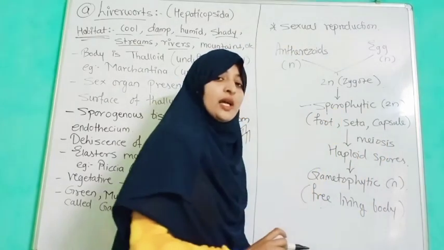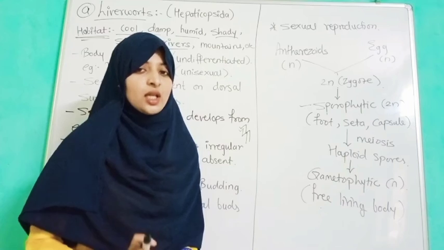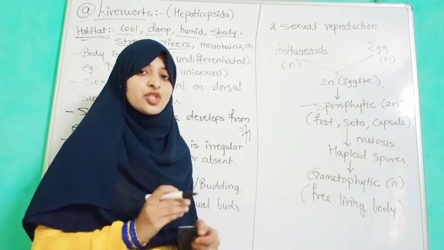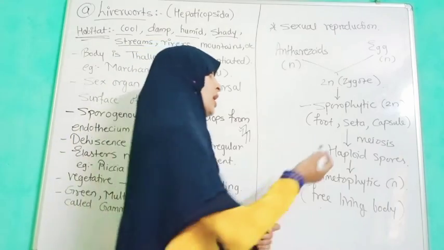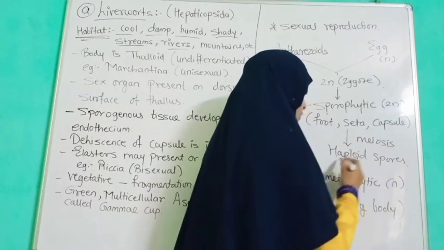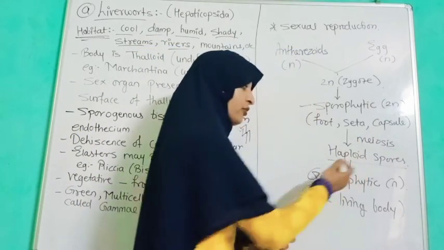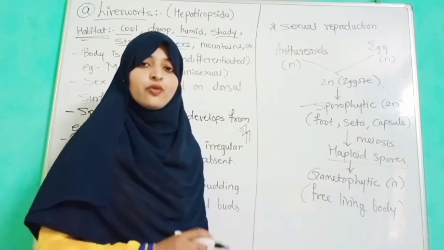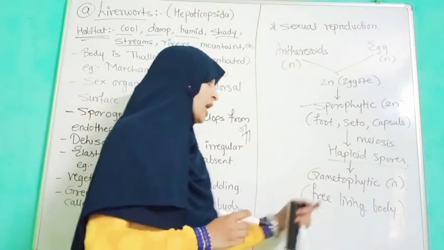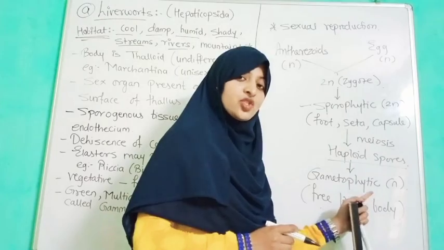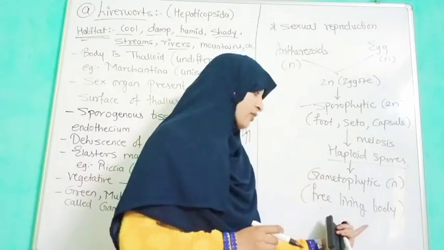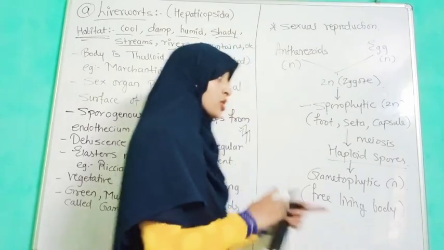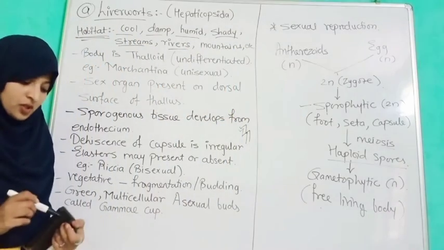This sporophytic stage has foot, seta and capsule, and is partially parasitic, living on its parent plant body only. When it undergoes meiosis, it forms haploid spores, and from haploid spores the haploid gametophytic stage forms, which is known as the parent body and is free-living in nature. So this was about the liverworts.